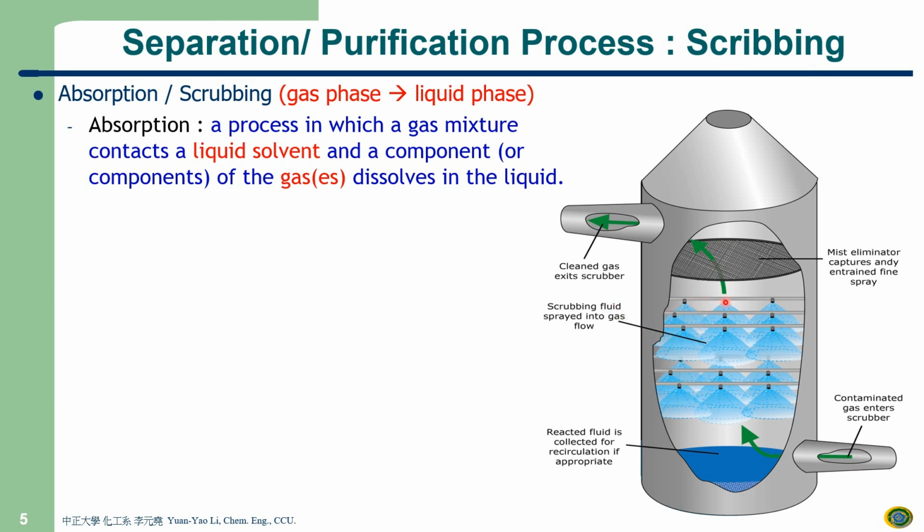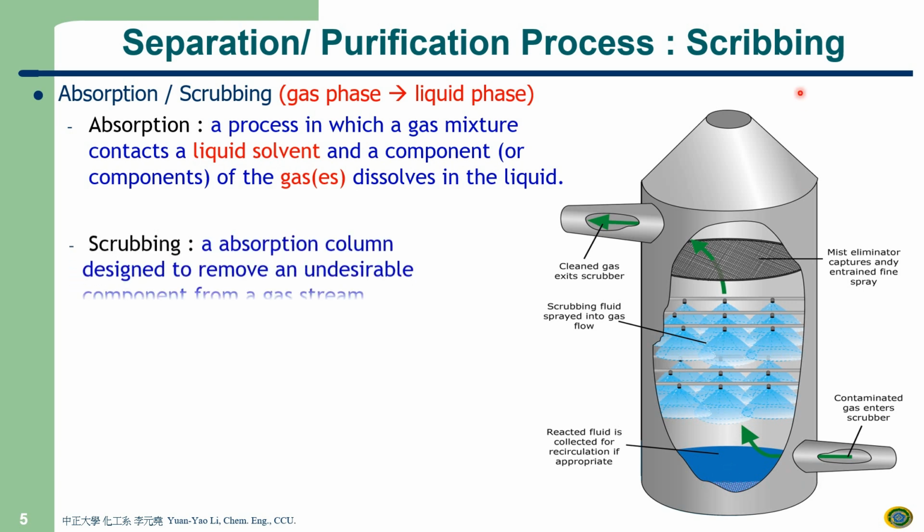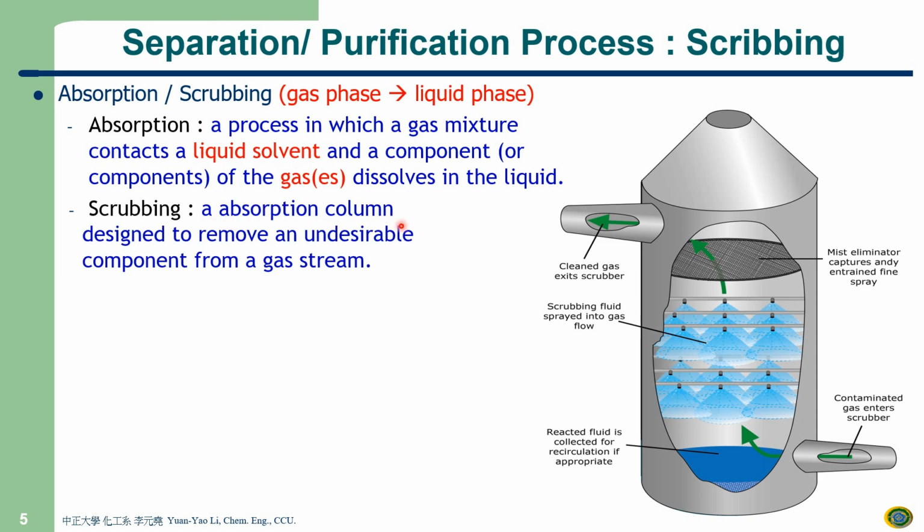So you have a nozzle, and you spray water to have a wide area of contact with the gas. So the things which you don't want in the gas phase will be absorbed in the water, and the water eventually will be here. So you will have water with the things absorbed. Okay? So this is called scrubbing, an absorption column designed to remove undesirable components from a gas stream.